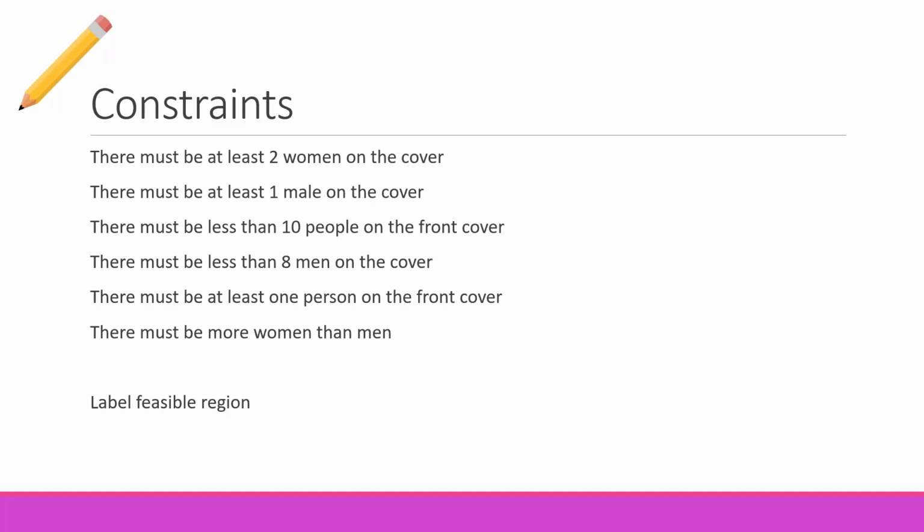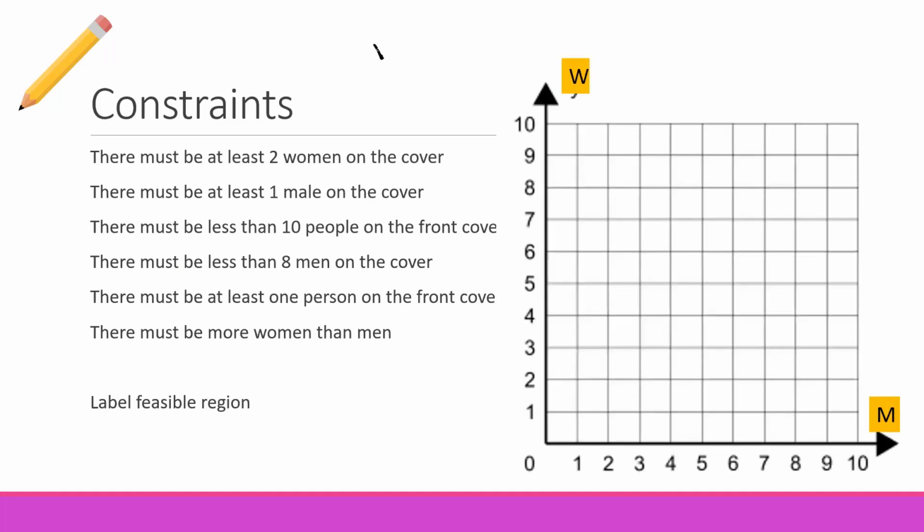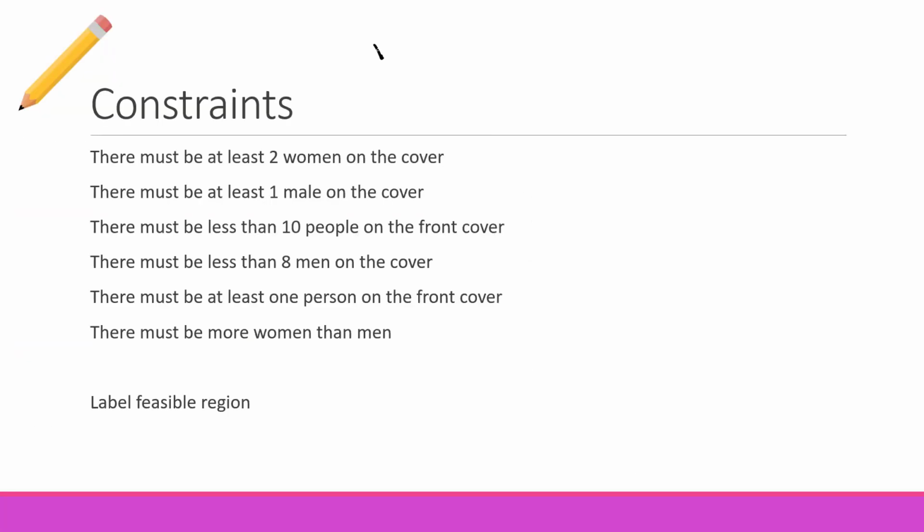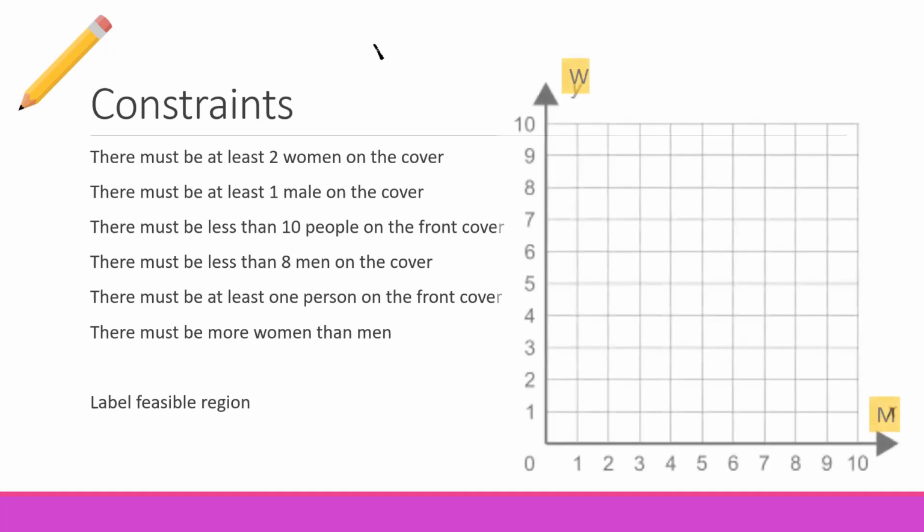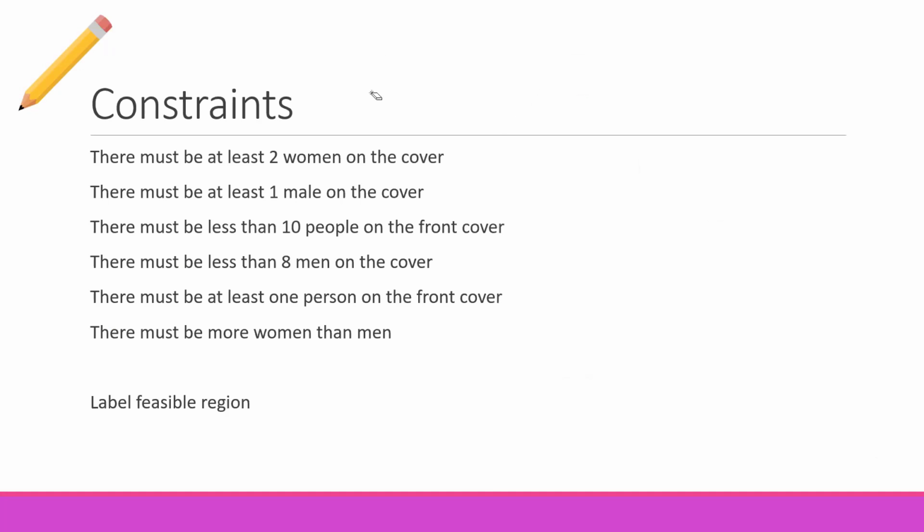So let's now quickly say, what do W and M mean? They're good variables we can use. Women and men, yep. The number or amount of women.